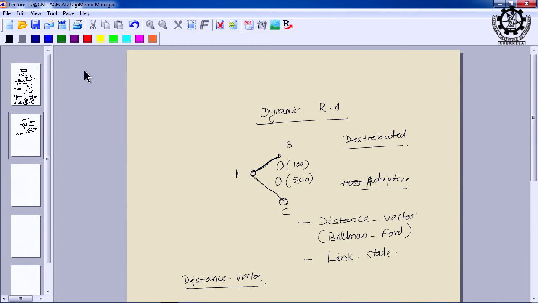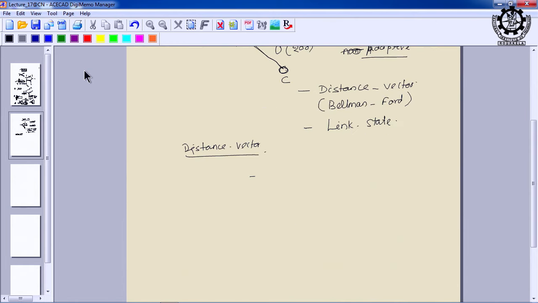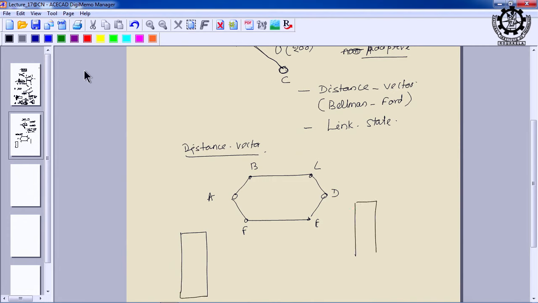What this Bellman-Ford algorithm does in a network topology is that every node maintains a specific table called the routing table. So, if A has a routing table of its own, D2 has its own routing table and C2 has its own routing table.